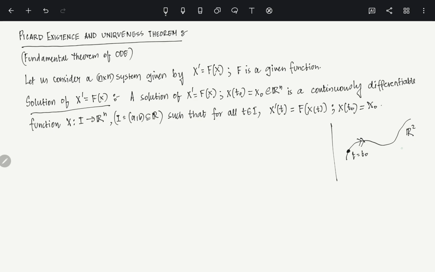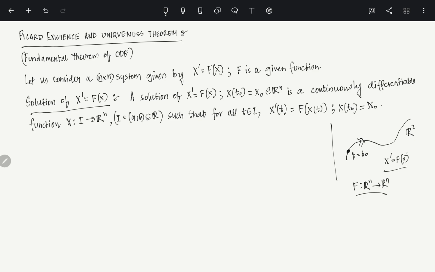Now what is x prime equals f of x? It is actually the rule. F here is a vector field from Rn to Rn, with n equals 2 in this case.